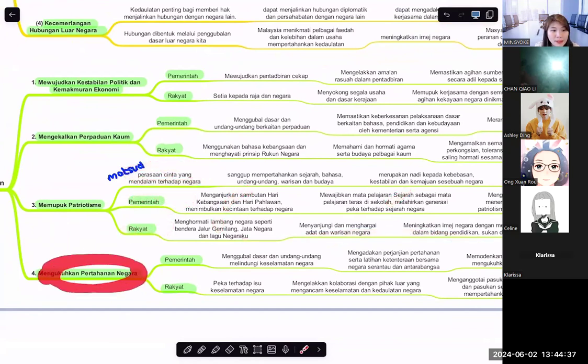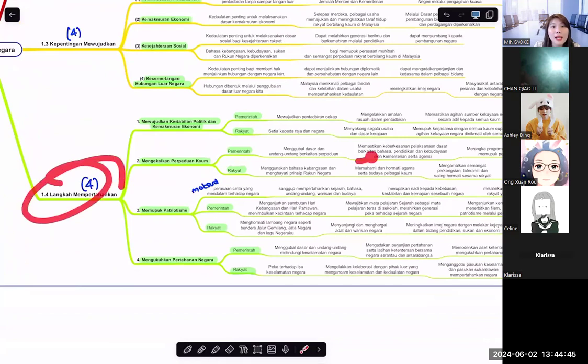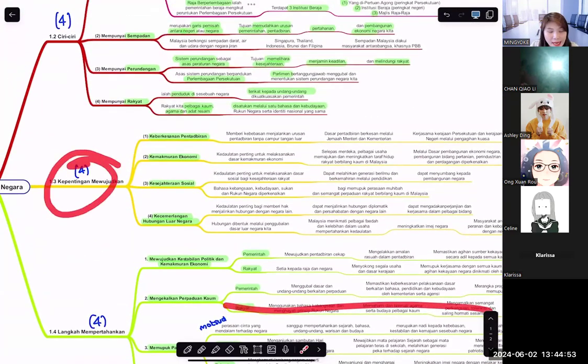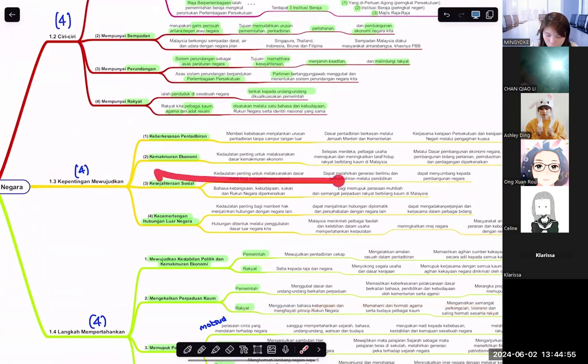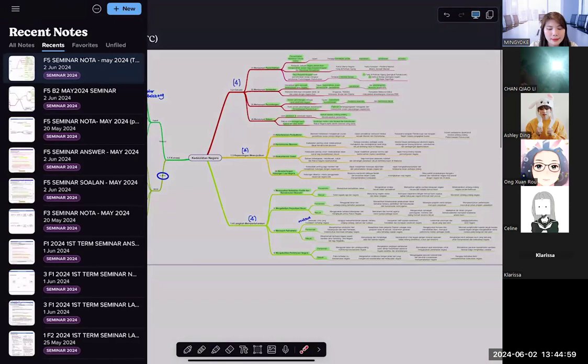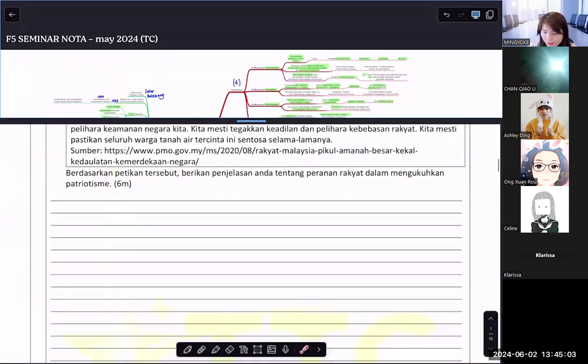To mengukuhkan pertahanan, pemerintah, this is the langkah, rakyat, this is the langkah. So in the exam, when they ask you for langkah, this is the point, and if they ask for mengekalkan perpaduan, then you refer to mengekalkan perpaduan. If they ask you kepentingan, then you refer to kepentingan. Example, let's go to soalan. That's the most important in your exam.